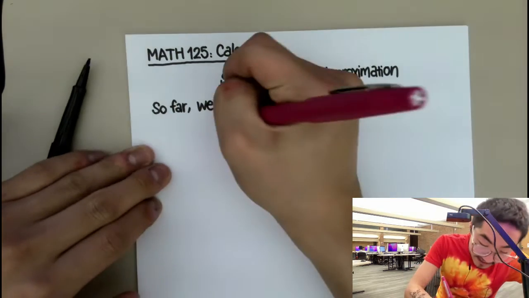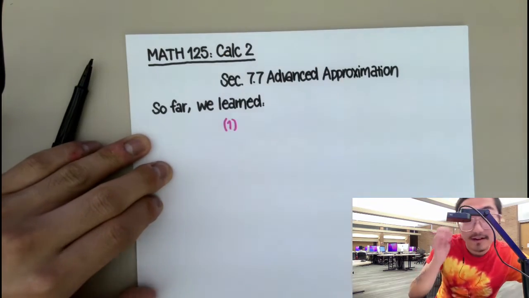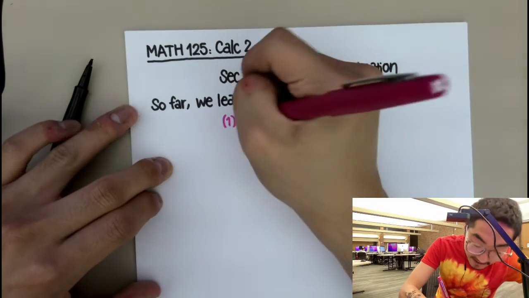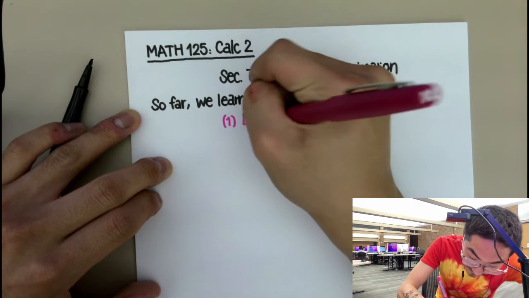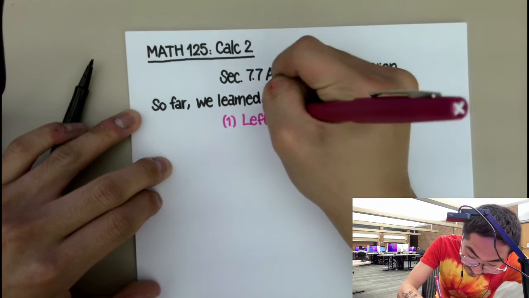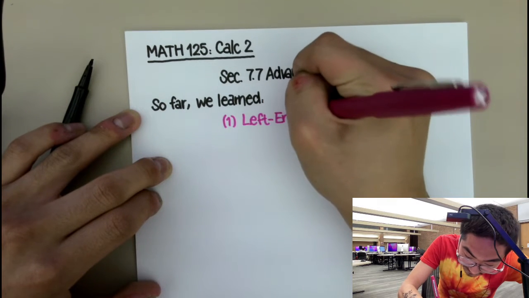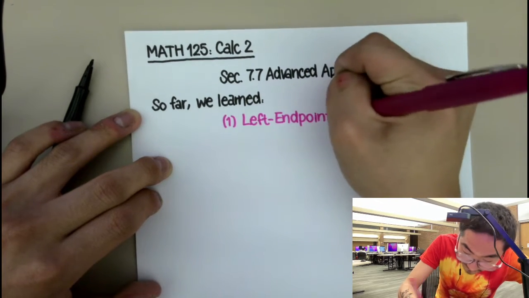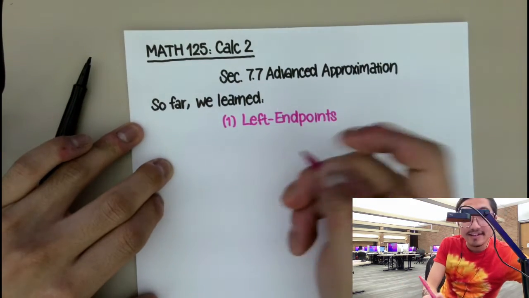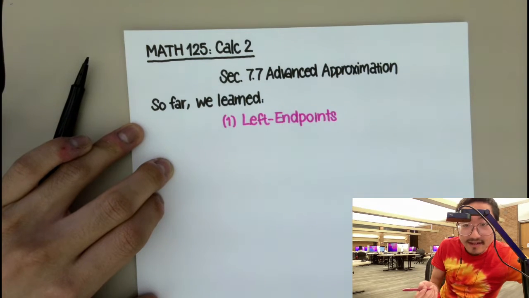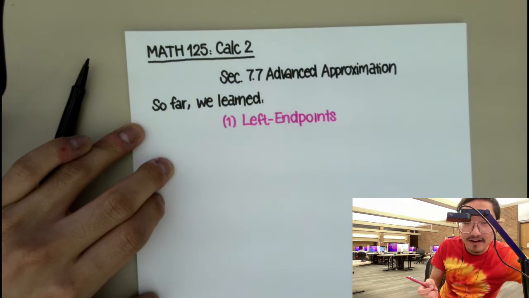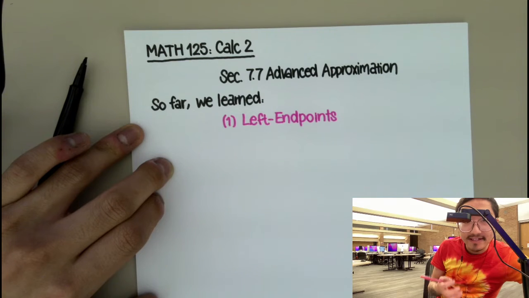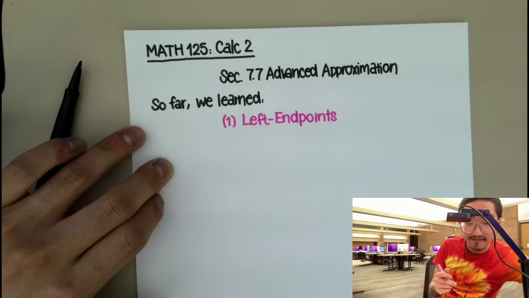Number one is the left endpoint. It always underestimates for an increasing function, but overestimates for a decreasing function.